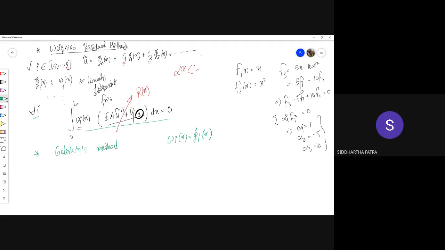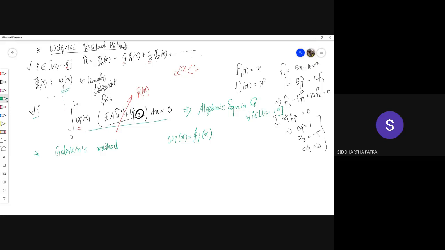Algebraic equations, because you see, it's a definite integral, we are not going to get a differential equation. We are going to get an algebraic equation involving C1, C2, etc. This essentially turns out to be an algebraic equation in all the Ci's, and we need n such equations.